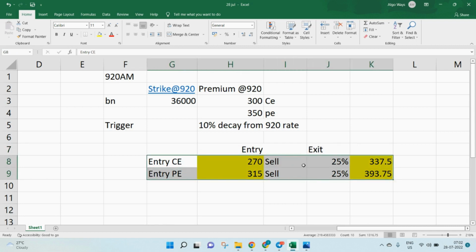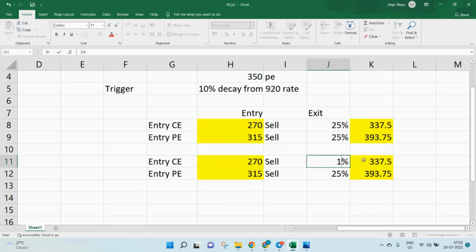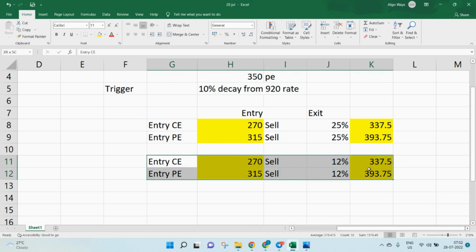The second instance what I have done is I have taken a stop loss of 12% of individual legs. So it will be like quick exits also if the market reverses. So in this particular case of 12% stop loss, what will happen is that most likely than not, we will get an exit from the current leg and then the entry in the new leg will happen.